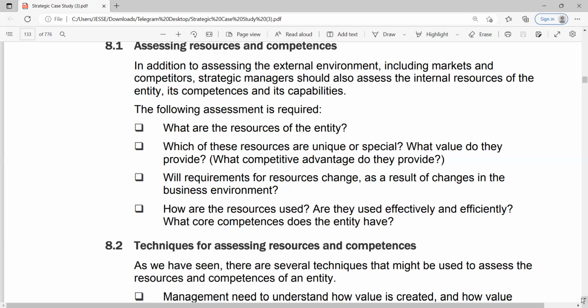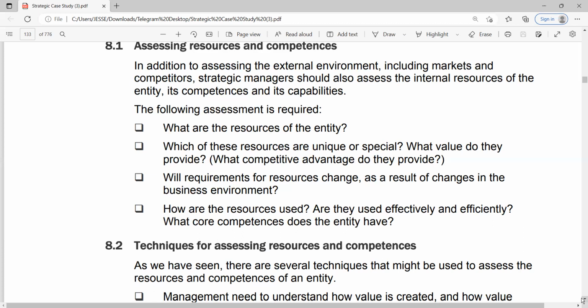So would resource requirements change as the environment changes? And then how are the resources used? So in assessing the internal environment, you are looking at the competencies and capabilities of the organization.